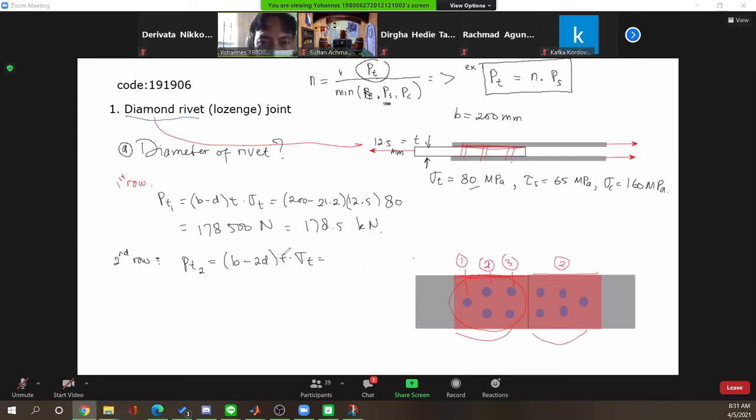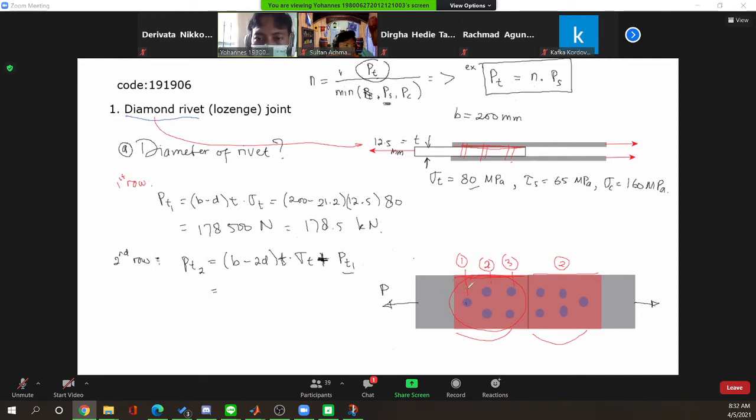So it should be like this. This is the thickness, and this is the addition with the row strength. Why can this happen? Why do we have to add the strength of the first row to the second row? Because the load comes to the first row first, so this is the row closest to the load.